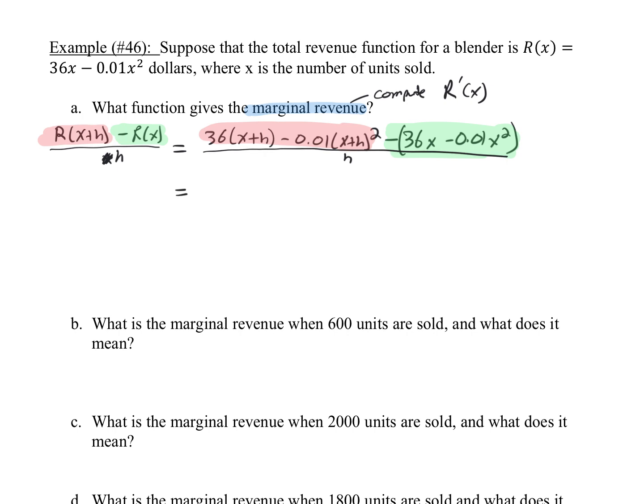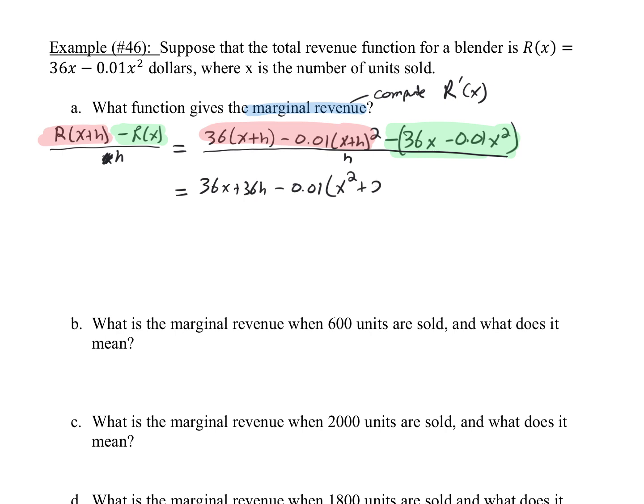Now we need to simplify things. You can distribute stuff into parentheses if you would like to, except for right here, when you have x plus h quantity squared, we do need to rewrite that. So I'll distribute at the beginning: 36x plus 36h minus 0.01 times, I need to figure out what x plus h squared is. But we did that on the previous page.